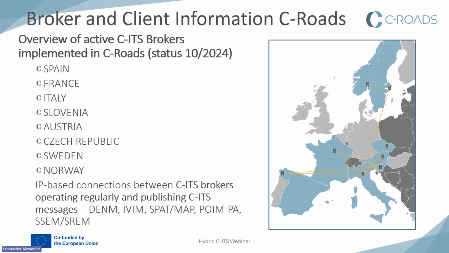You see several of the countries in C-Roads have already started to implement these brokers. On these brokers, a large number of messages, DENM, IVI, but also SPaT/MAP, are published and made available in the various message queues.